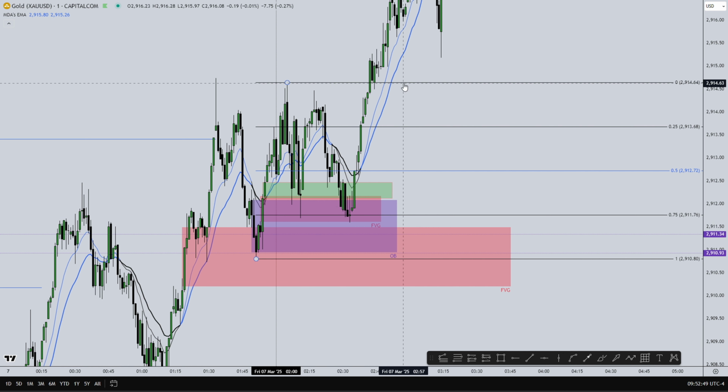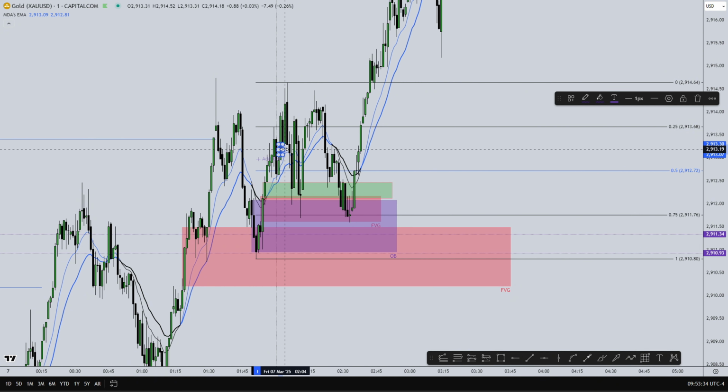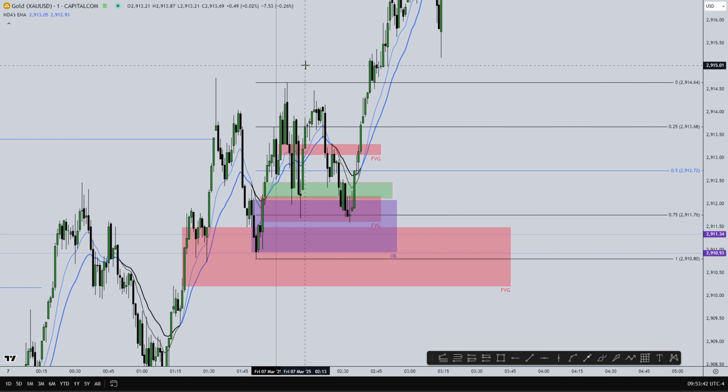Or I see some people who enter on this fair value gap expecting the price, after tapping into this fair value gap, to start going to the higher prices. But as I mentioned before, you have to put the Fibonacci levels to know exactly where the premium areas and the discount areas are.